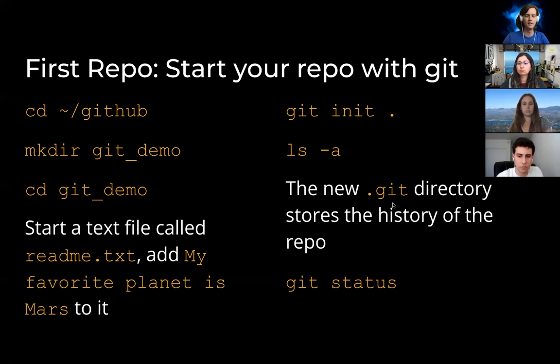That just means that Git knows that the current directory is a repo, and it'll store the history of it there. And then if you do git status, it should also say something like, it's a repo and you've added some files or whatever. Okay. Mine just says on branch master, no commits yet. Nothing added to commit, but untracked files present. Okay, yep, that sounds about right.